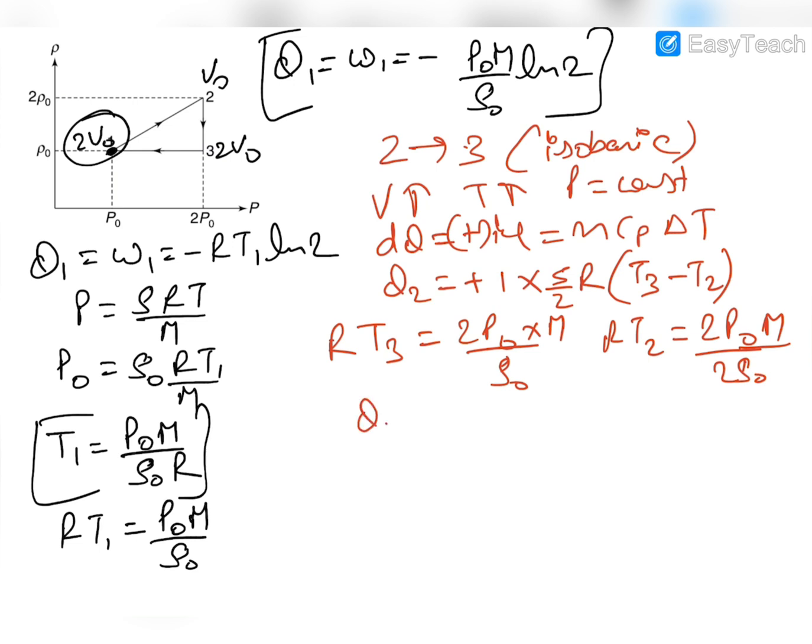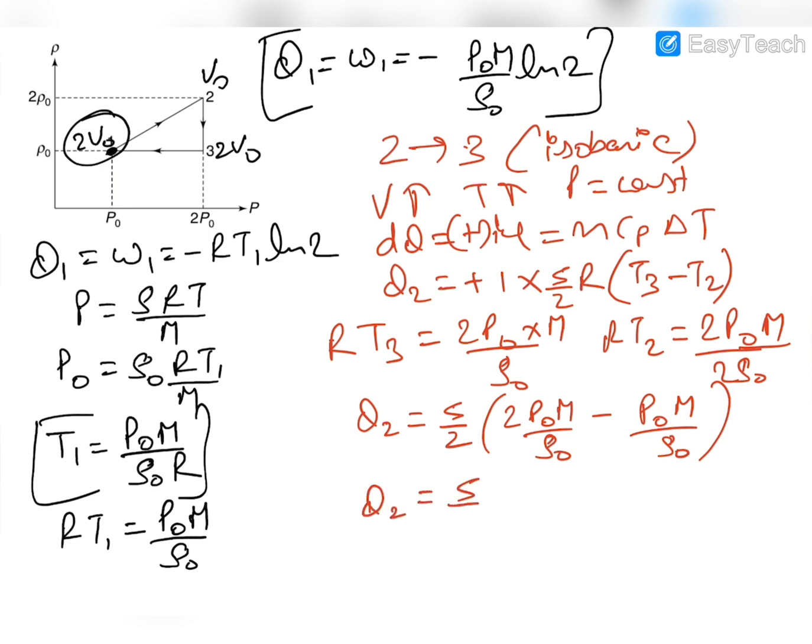So Q2 will be equal to 5 by 2, and R T3 will be 2 P naught M by rho naught, and R T2 will be P naught M by rho naught. So Q2 will be equal to 5 by 2 P naught M by rho naught.